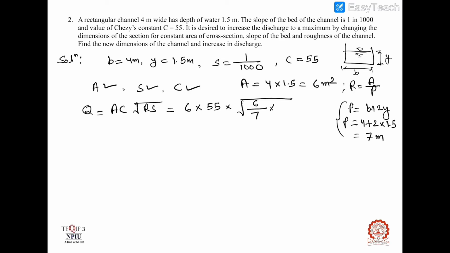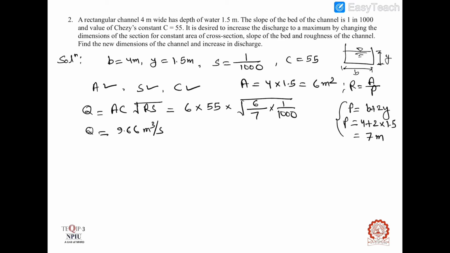6/7 multiplied by S is 1/1000. So the discharge after solving this equation, we will get 9.66 meter cube per second.